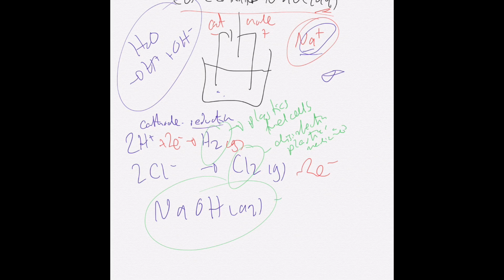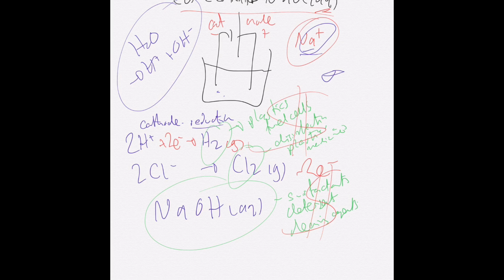And sodium hydroxide is used in surfactants, detergents, cleaning agents. So industrially, the electrolysis of aqueous concentrated sodium chloride is very important because you get loads of money for all this stuff.